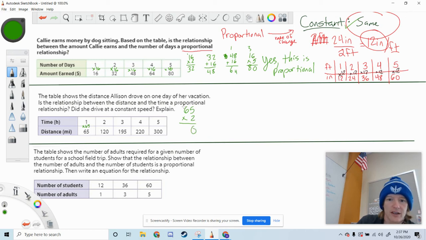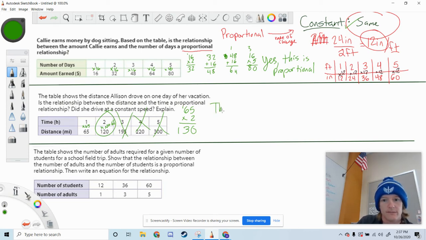5 times 2 is 10. 6 times 2 is 12, plus 1 is 13. So 130. So this is not times 65. Now here's the problem. That one's not 65. So I don't even have to check these, because it's not the same for every single one.